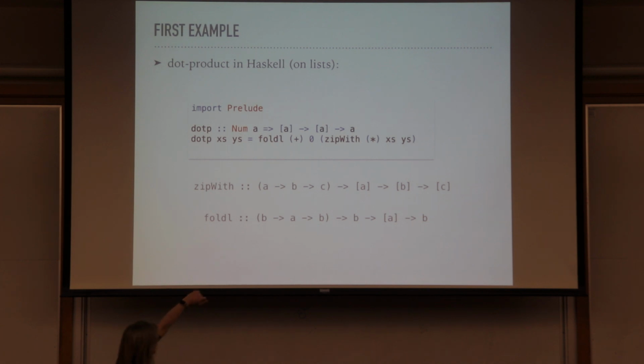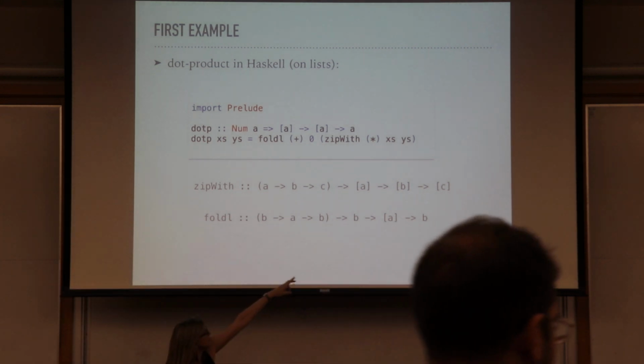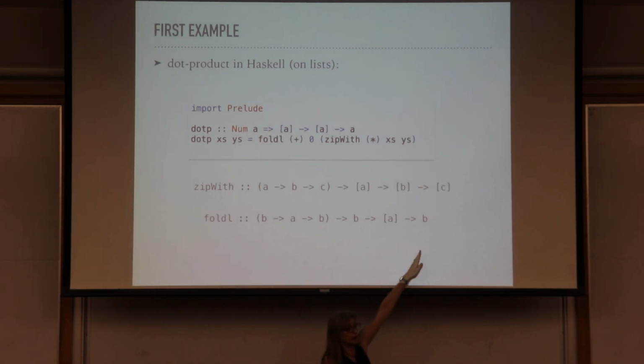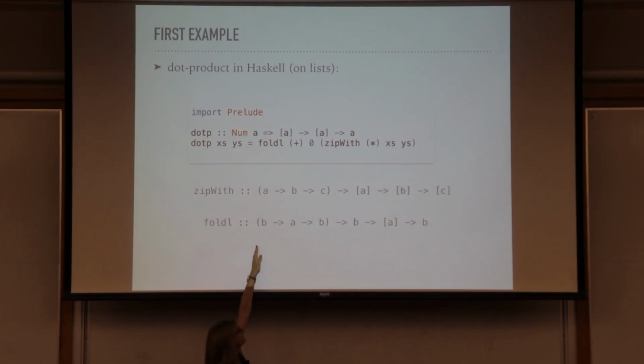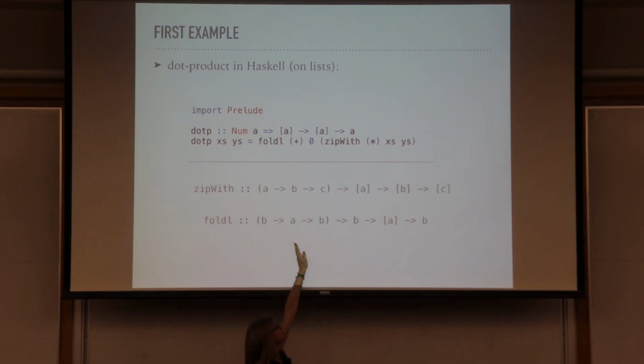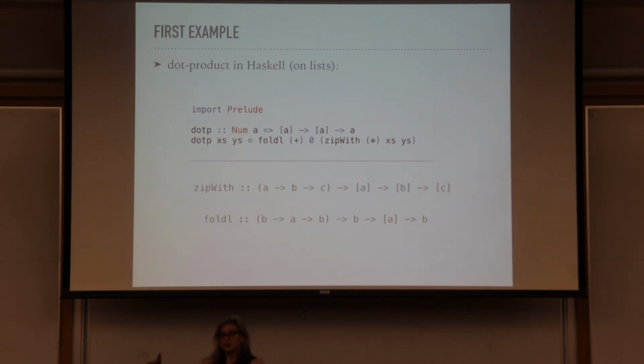Fold left is the reduction, a generalized sum. So it takes a starting value, and if the list is empty, it will just return this value B. If the list is not empty, it applies this function to the B it has and the first element of the list, gets a new B, and so the B is the accumulator.